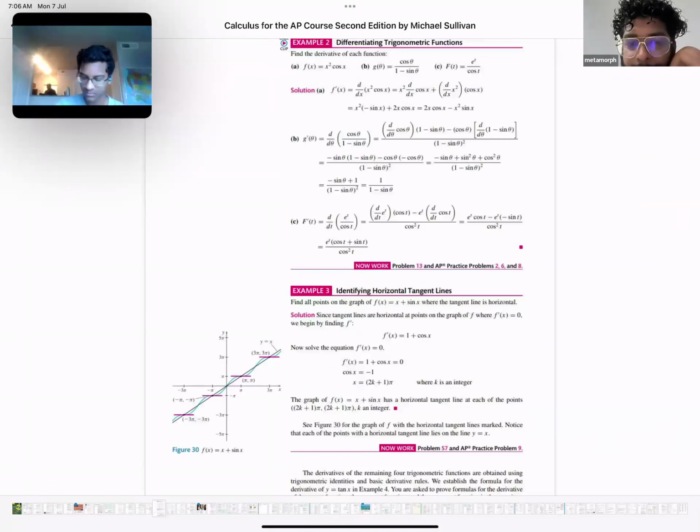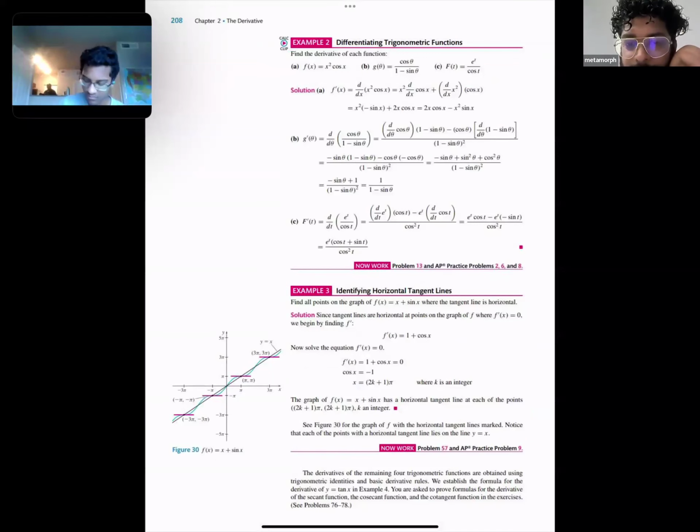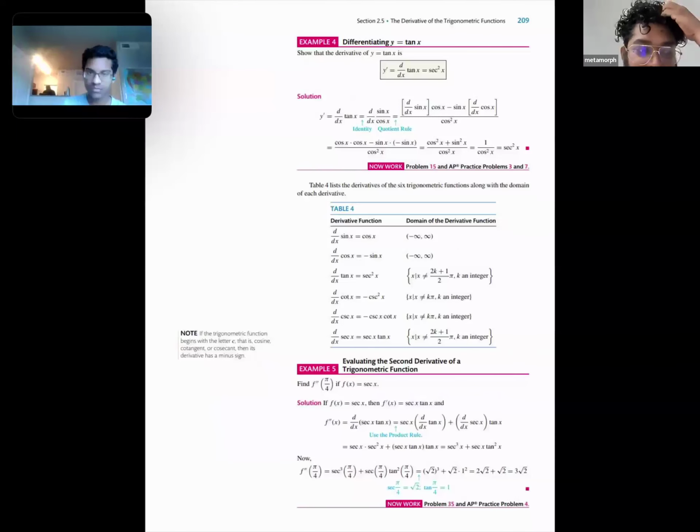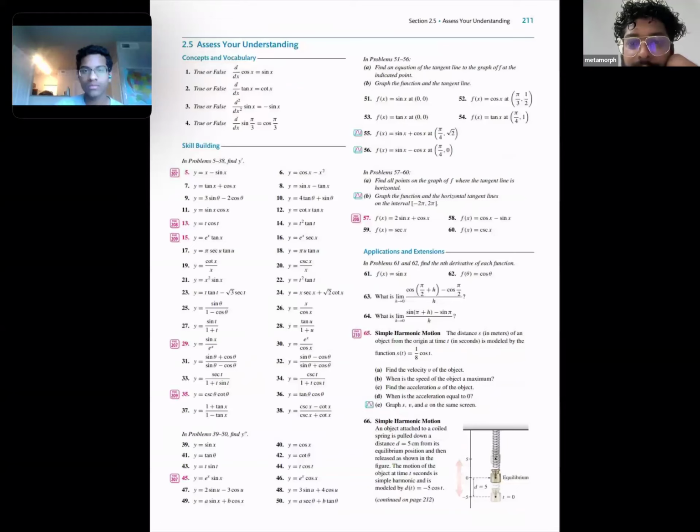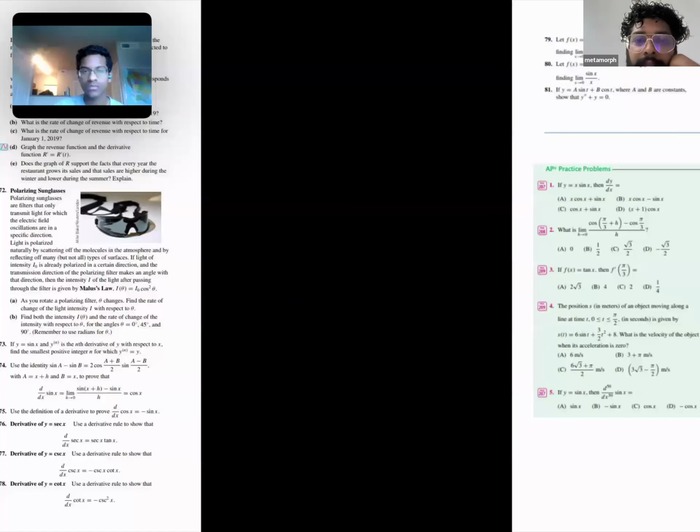So they haven't gone ahead. Then there is tan x here. So they are not going into the other three functions.